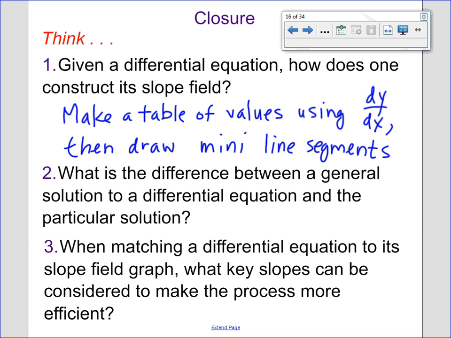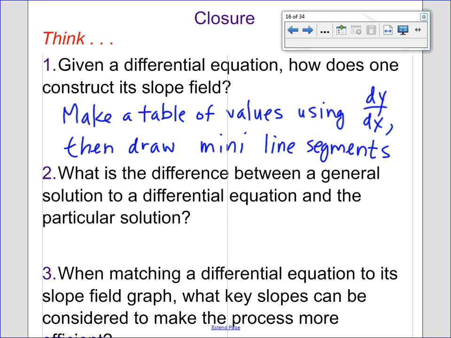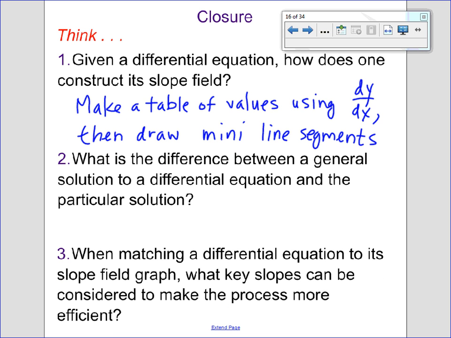Two, what's the difference between a general solution to a differential equation and the particular solution? Vivian? Does a general solution include the plus c, and then the particular solution uses a point? Absolutely. The general solution is the family of solution curves with that constant of integration. We don't have it pinned down, it's the family of solution curves. The particular solution is the single solution curve that contains that given condition or initial value or that given point.